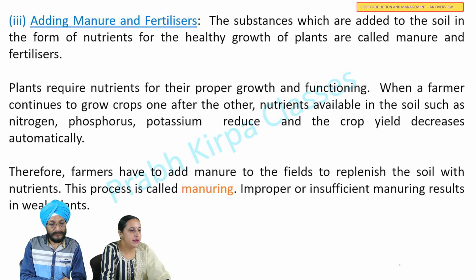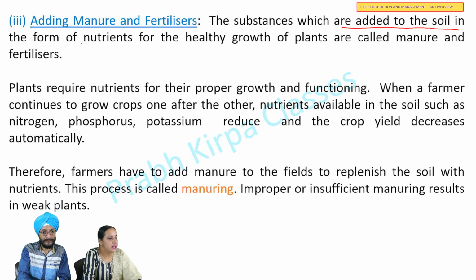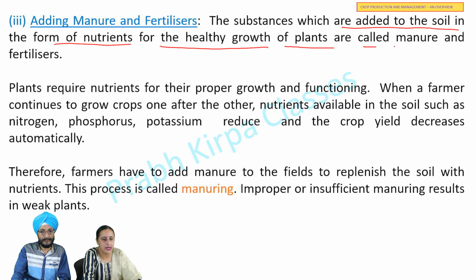Third, adding manure and fertilizers. The substances which are added to the soil in the form of nutrients for the healthy growth of plants are called manure and fertilizers. Plants require nutrients for their proper growth and functioning.